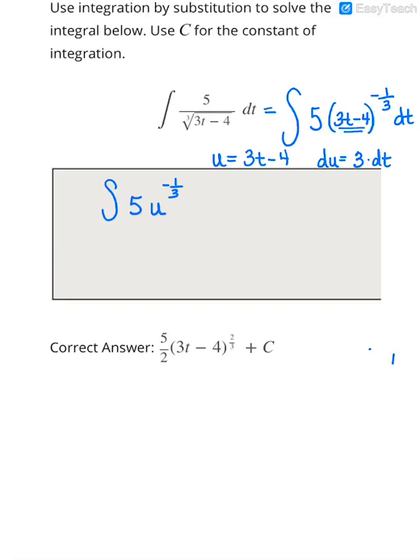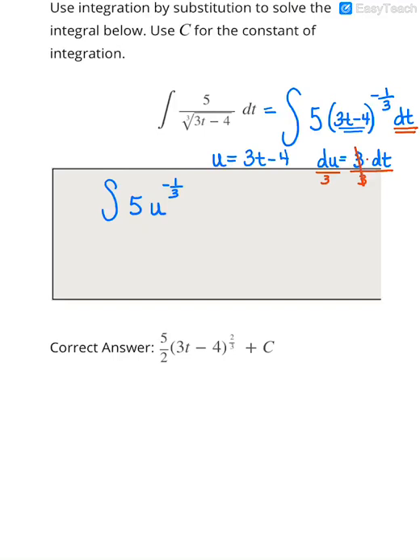All right, so the problem is we have a dt that we can replace, but down here we have a 3 dt. So what I always do, if it doesn't go in directly like the previous example, is solve it for whatever I have. If I need dt by itself, then I would divide both sides by 3.